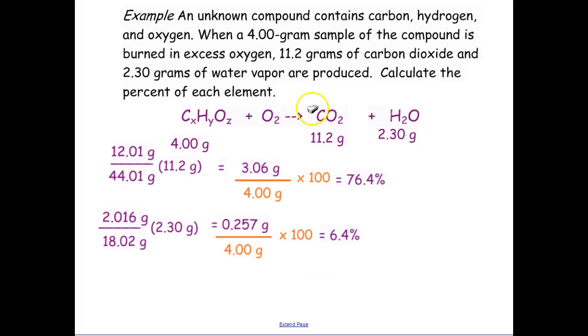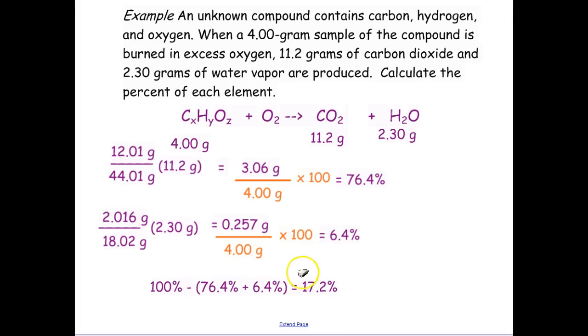I can't use any information over here on the right to figure out how much oxygen, but I can still use the law of conservation of matter. If 76.4 and 6.4 are accounted for, that's 82.8, so the other percent has to be oxygen.